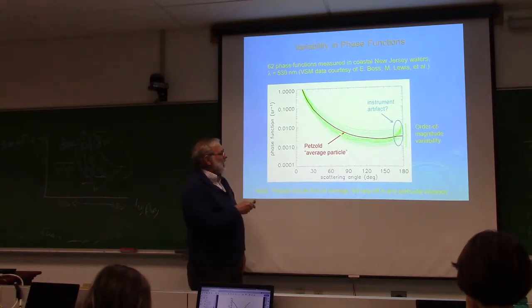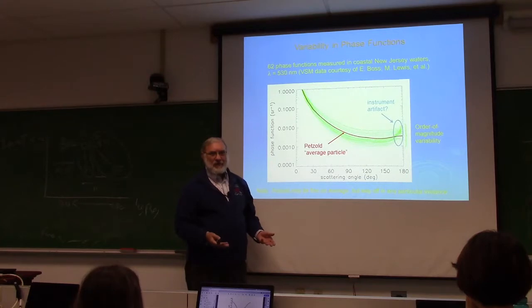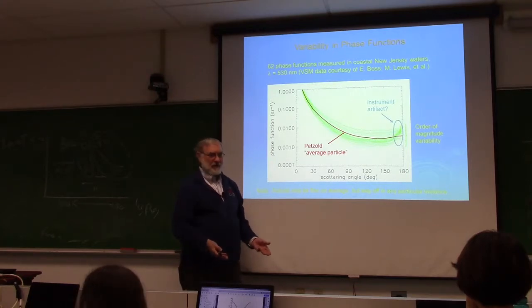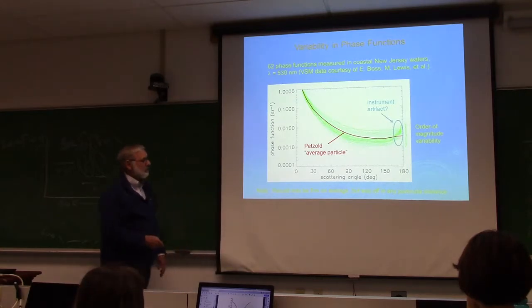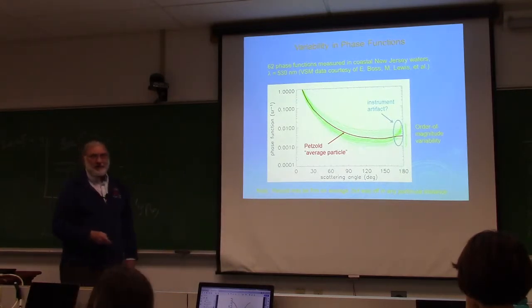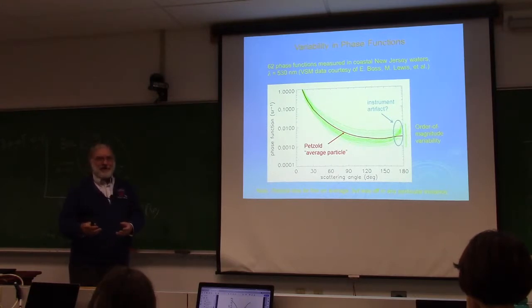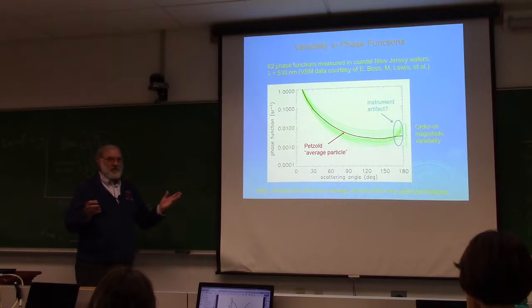That's just the way life is. So you really need to measure these things, but there are no convenient instruments to measure them. That's the state of the ocean sciences today. Maybe 10 years from now, 20 years from now, you'll have an AC9 with another little thing on the side that measures the volume scattering function, and life will be good.